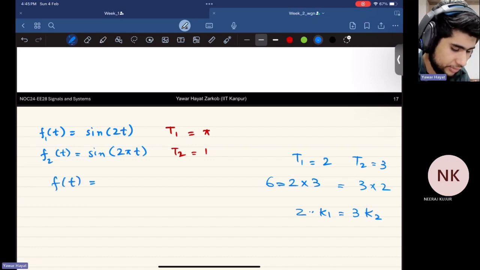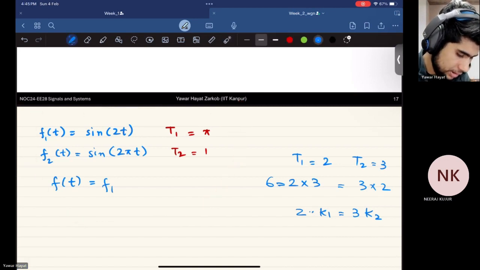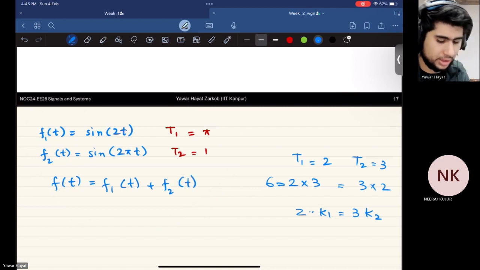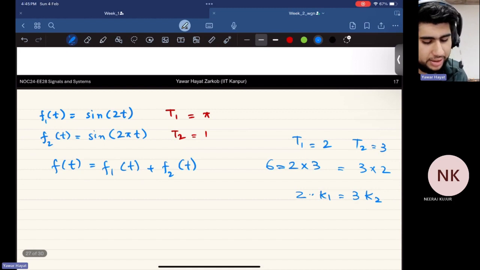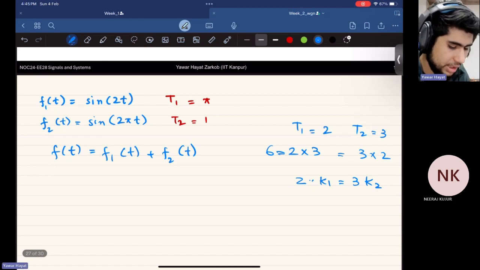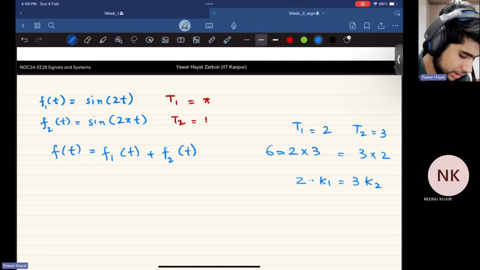So similarly, the problem of finding whether there exists a time period for this signal: suppose we have a signal f of t. Now come back to our case, f1 of t plus f2 of t. To find the time period of the signal, we need the lowest common multiple. Let me first write T1 so that you don't get confused.